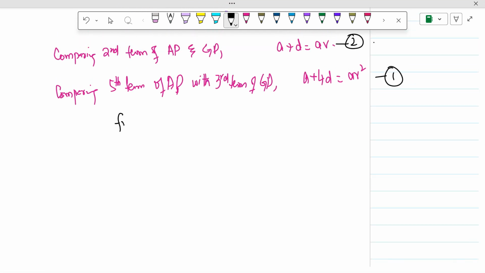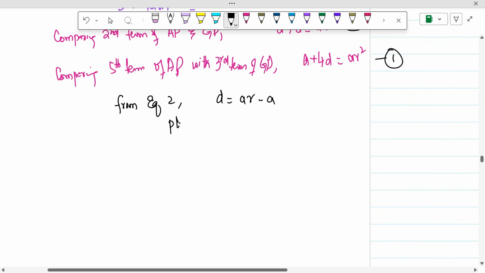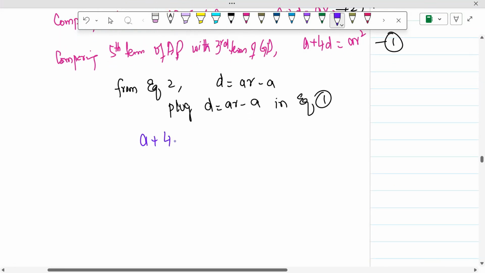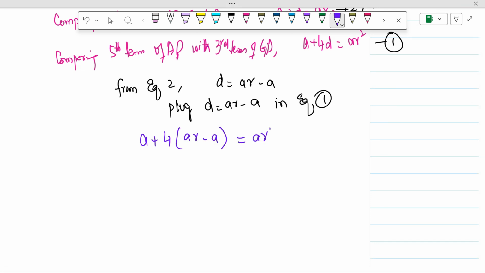So from equation 1 we have d is equal to ar minus a. Plug d equals ar minus a into equation 2, because we need to find r. So a plus 4 times (ar minus a) is equal to ar squared.